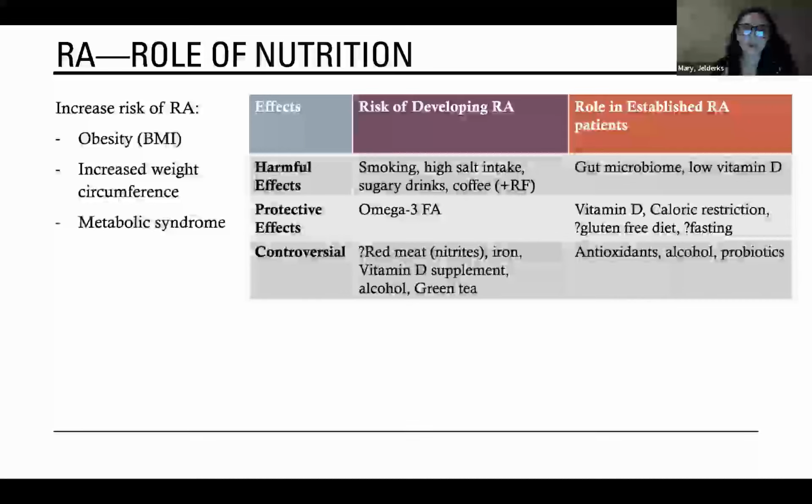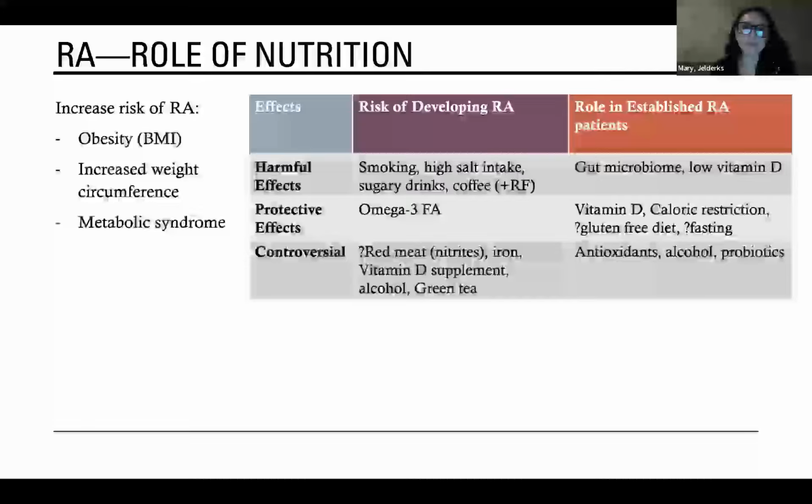So in the purple column, you can see the risk of developing RA, versus in the orange column on the right, you see the role of the nutrient in established rheumatoid arthritis patients. We're going to look at the first row, harmful effects.